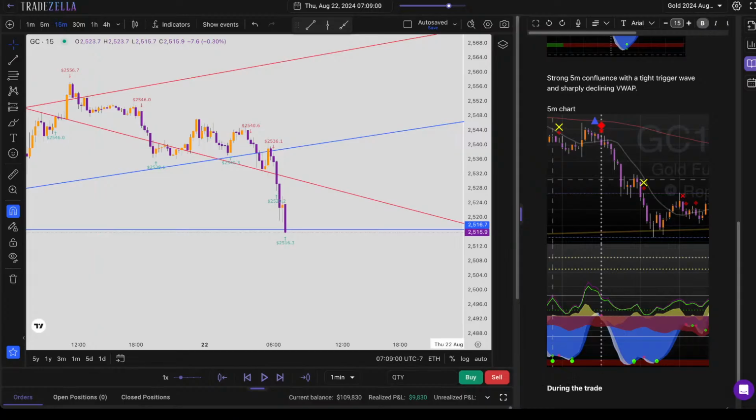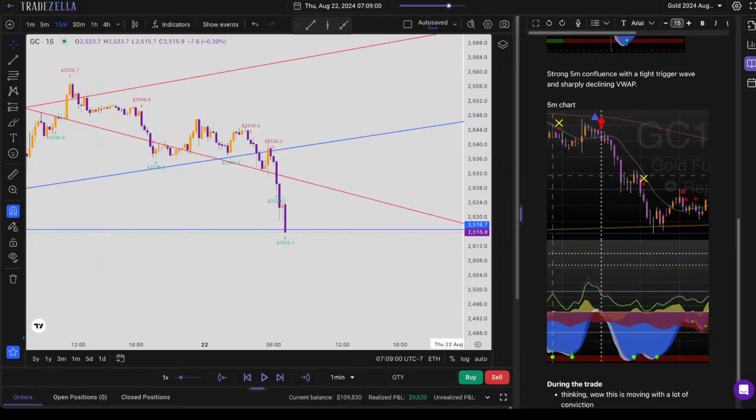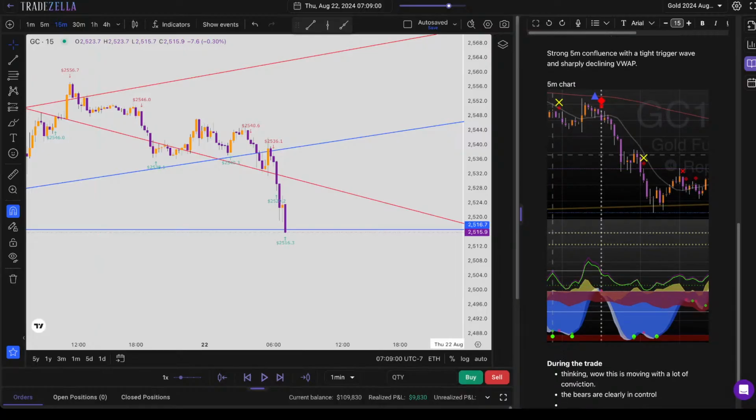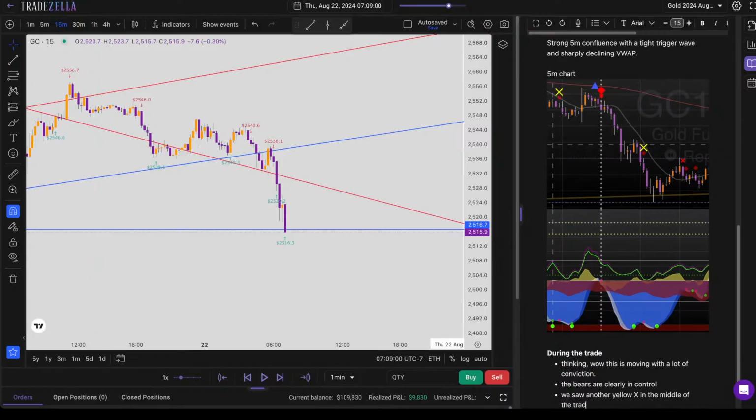we were thinking, this is moving with a lot of conviction. What else did we think? We thought the bears are clearly in control. We saw another yellow X in the middle of the trade.